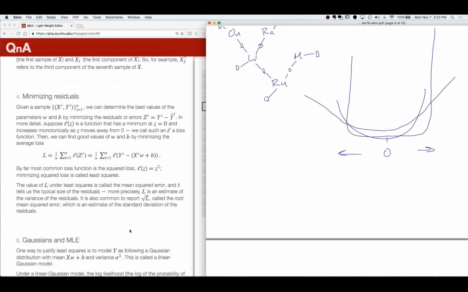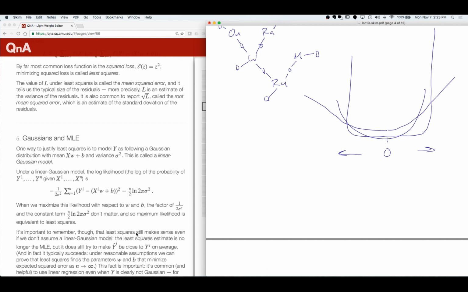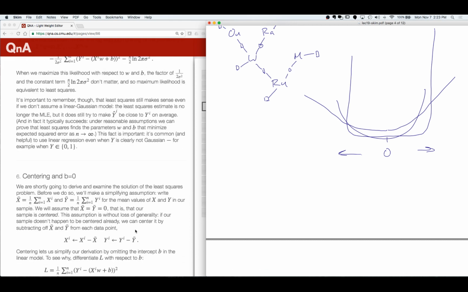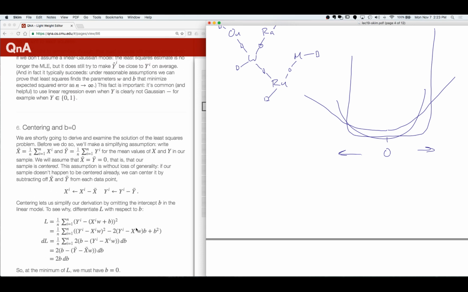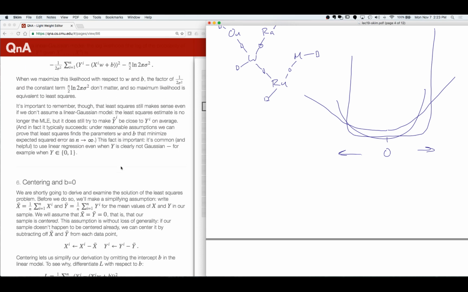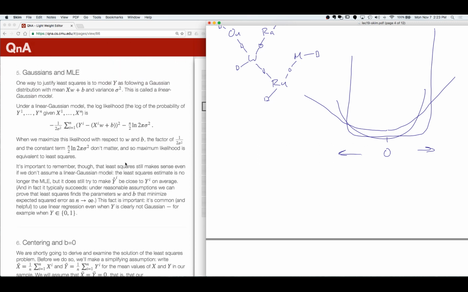All right, so one common justification for using the squared loss is to suppose a linear Gaussian model, meaning that y follows a Gaussian distribution whose mean is x times w plus b and whose variance is some constant sigma squared.